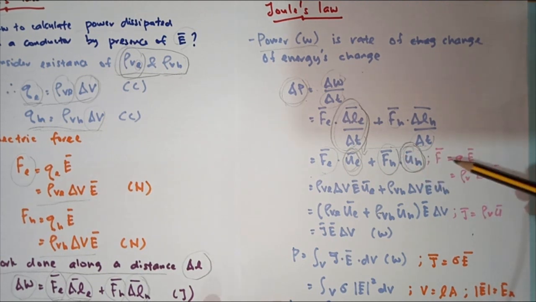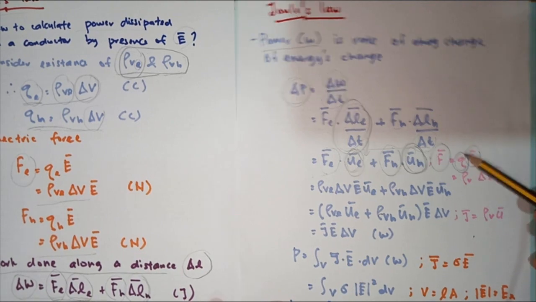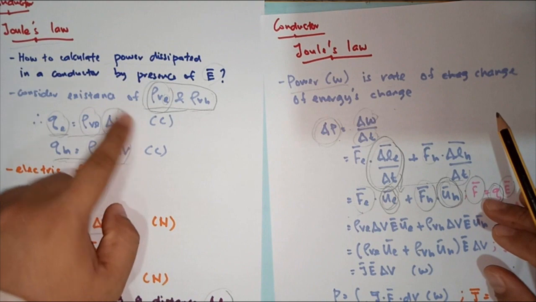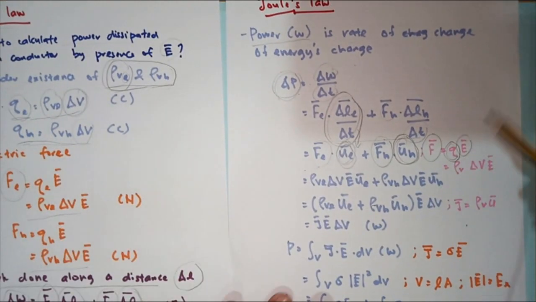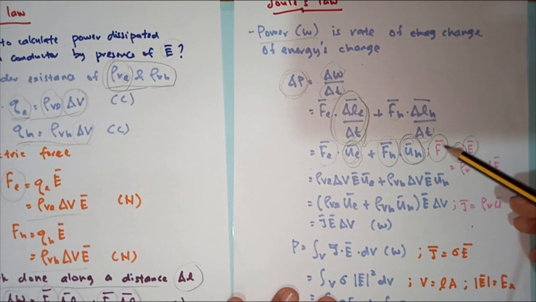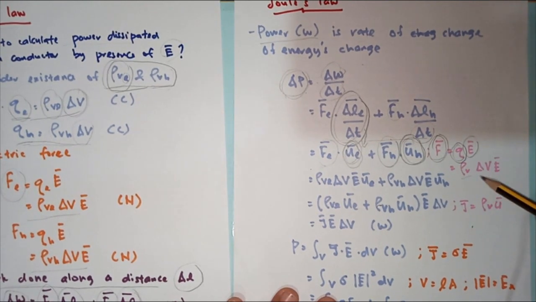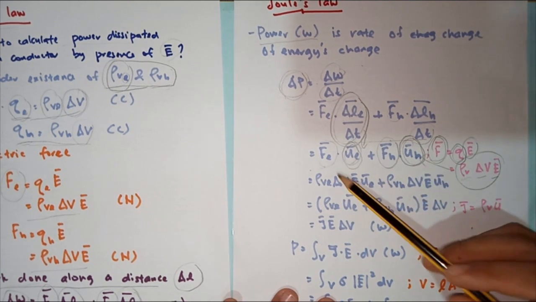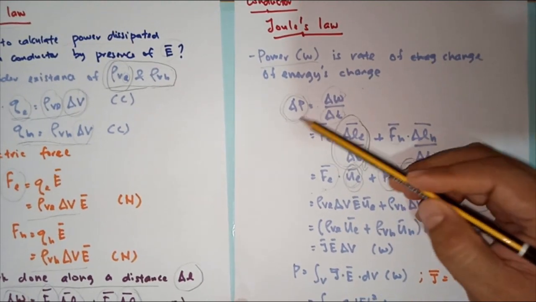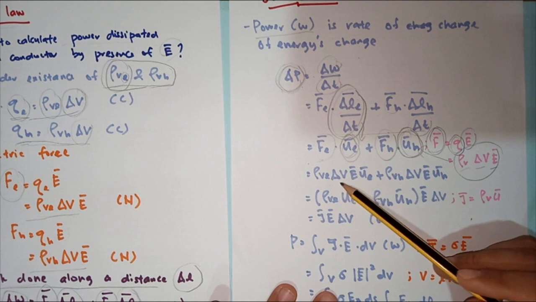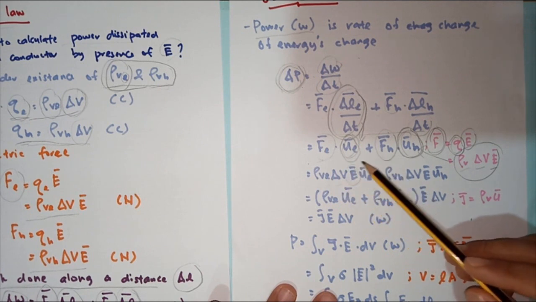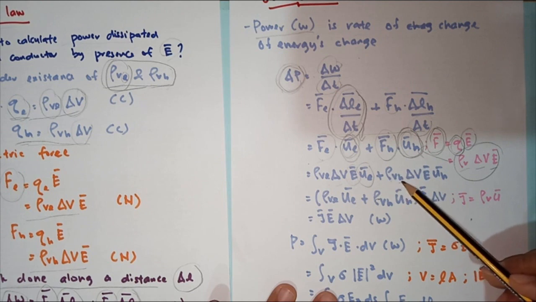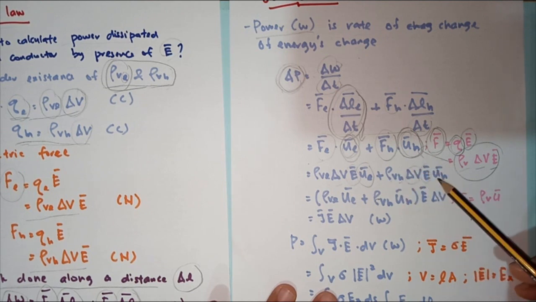At the same time, we have vector F is equal to Q times vector E, and by considering the Q expression derived just now, we can have the general equation for the vector F is equal to rho v delta v and E. Then by putting all these parameters inside this equation, we will have the expression for our power equal to rho ve delta v vector E vector Ue plus rho vh delta v vector E and vector Uh.